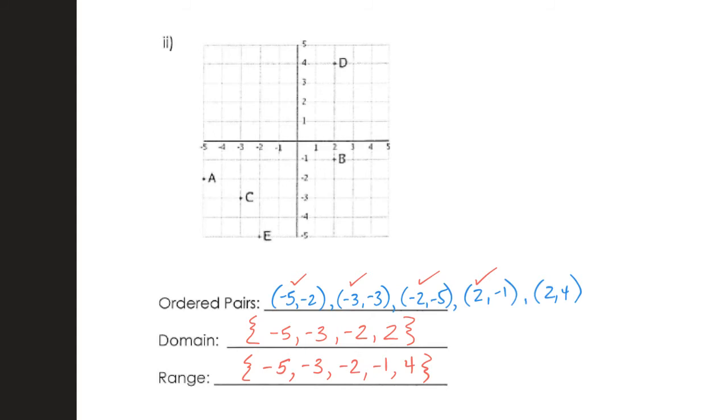Now, maybe some people see even a better reason, or maybe they just see it again, of why we can't pair up our x's and our y's in our domain and range to create our points. How many values do you have in your domain? 4. How many values do you have in your range? 5. Well, then we'd be missing something if we were trying to pair them up.